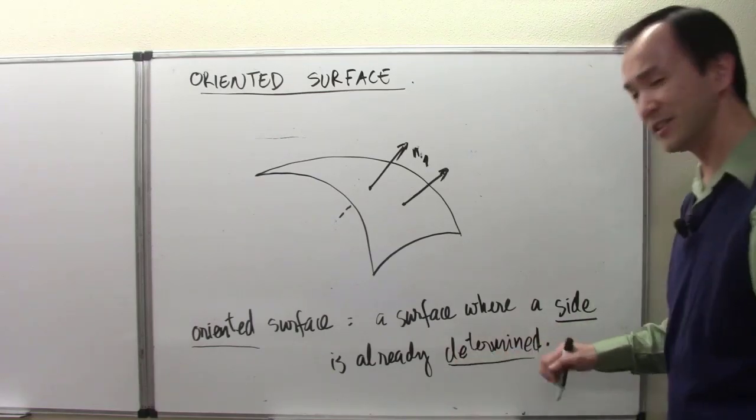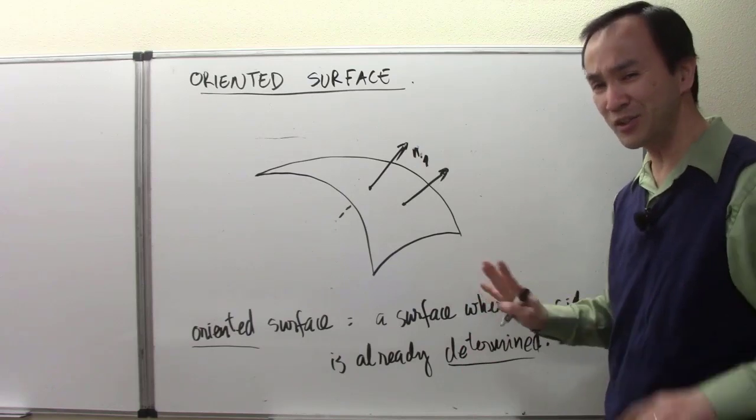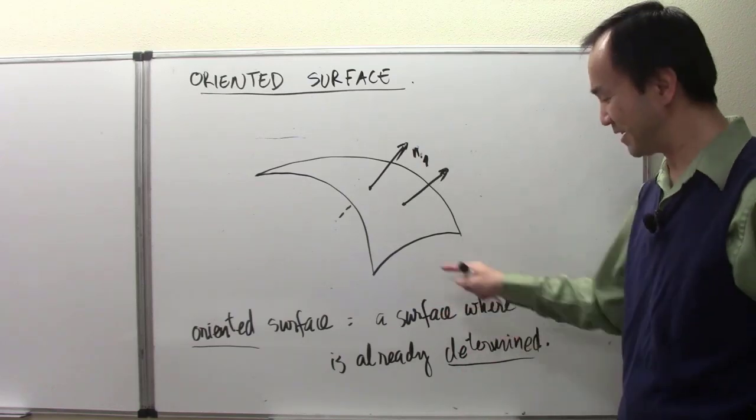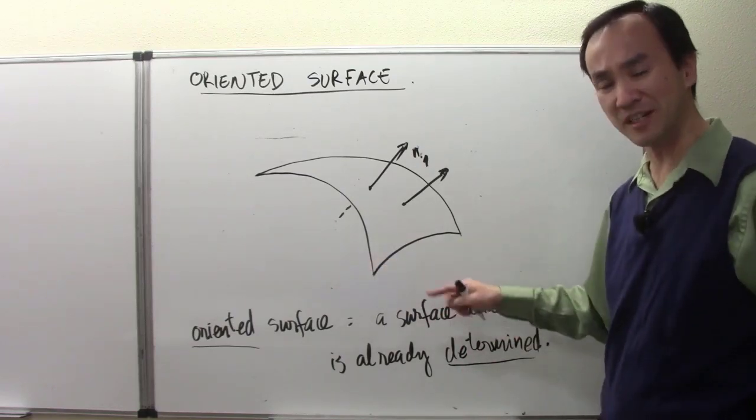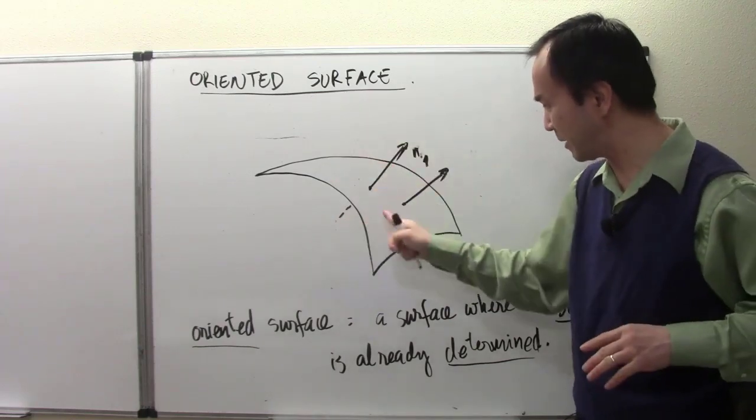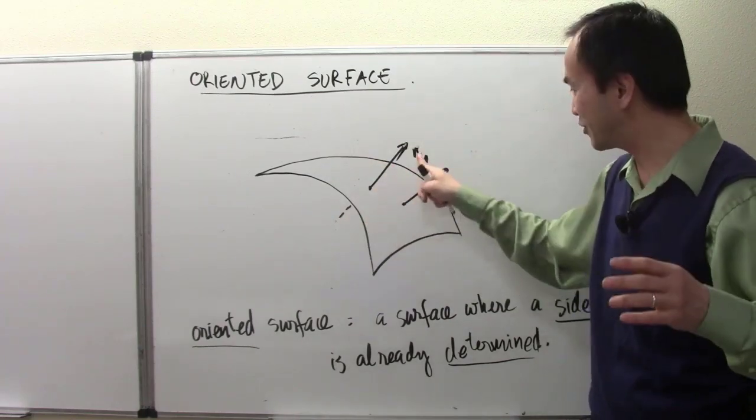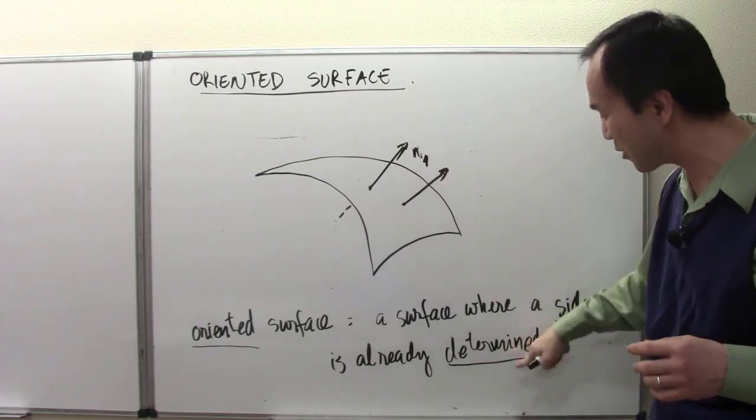This is what you usually hear. I tend not to use that term too often, but usually it's the side that people determine. On a surface, you can pick that side to be your chosen one. Determined means we can pick one side.